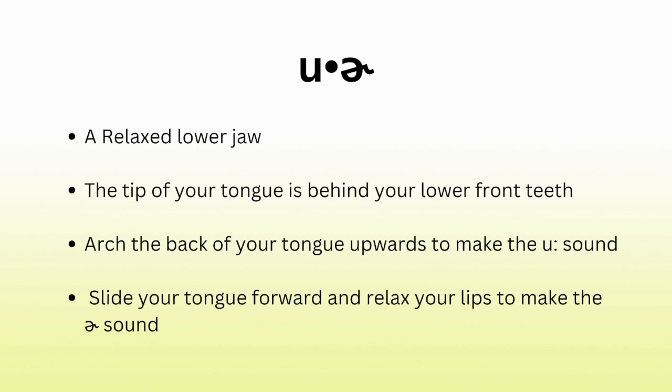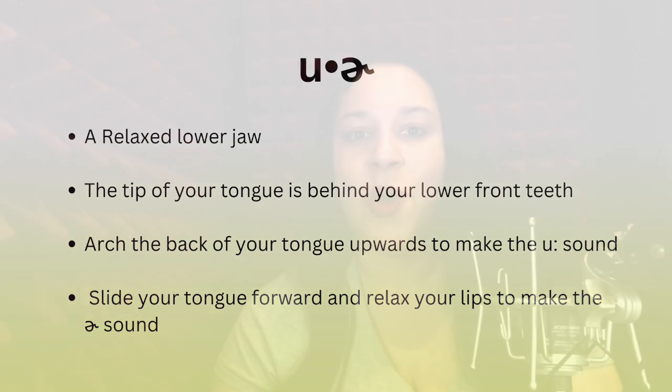You arch the back of your tongue upwards to make the oo sound, and you slide your tongue forward and relax your lips to make the uh sound. So that's the proper placement for the diphthong ur. Now, let's just try it a few times. Ur, ur, ur. So now let's say a few ur words for practice.